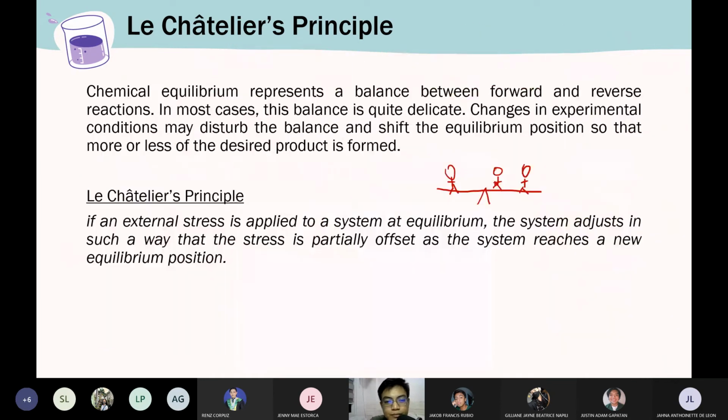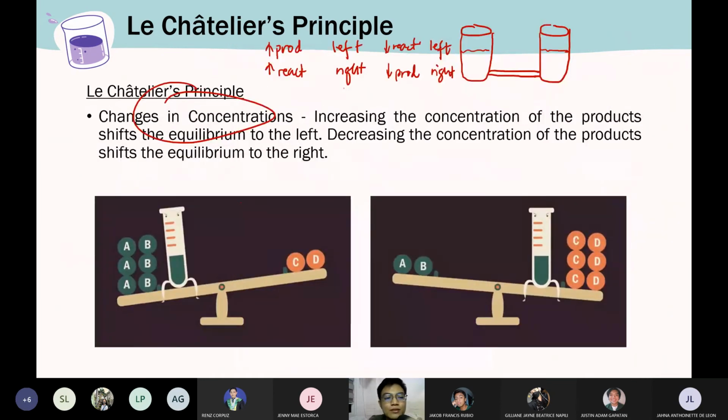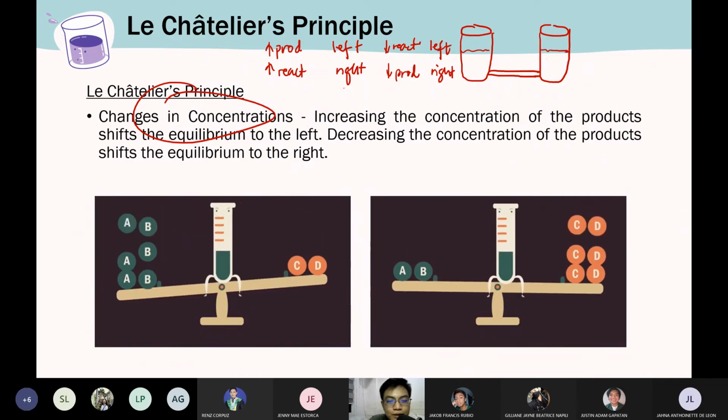So just memorize the changes in concentration. I think that's all. I know you're a bit overwhelmed, but we're almost done.